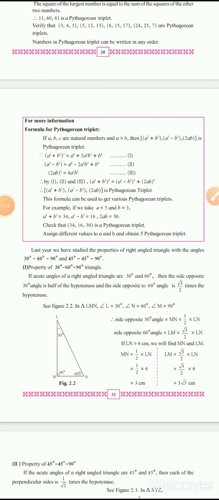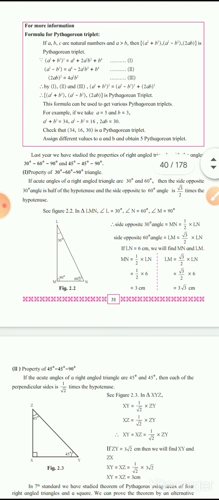So MN is equal to 3 centimeter and LM is equal to 3 root 3 centimeter. In this way we have found the opposite side of the 30-degree angle and the opposite side of the 60-degree angle.